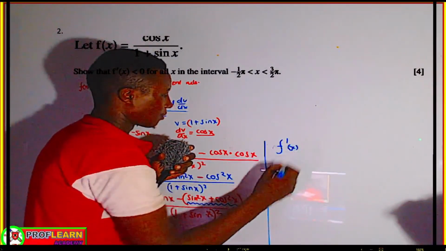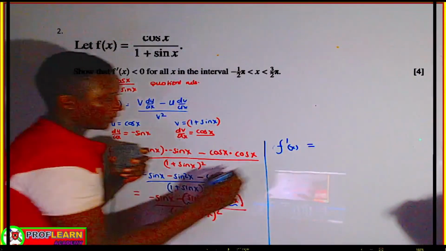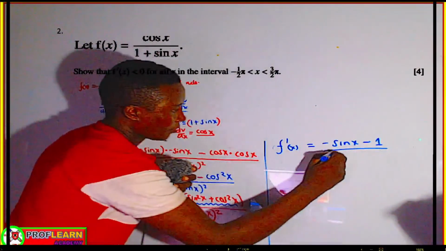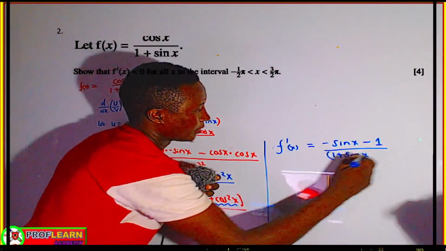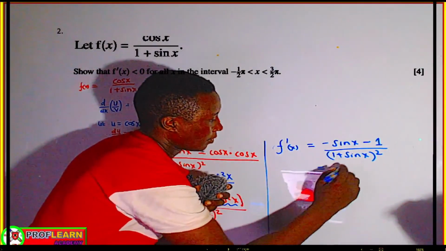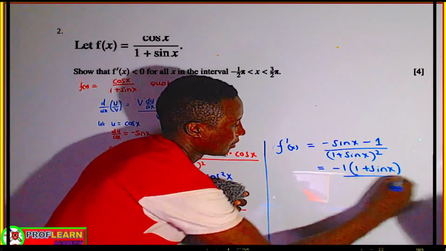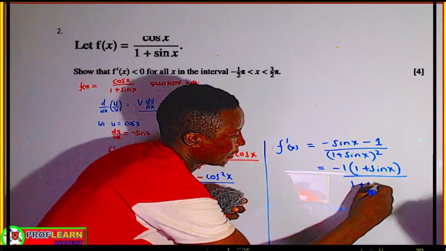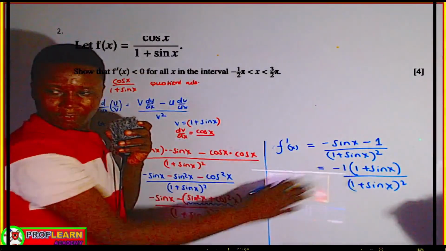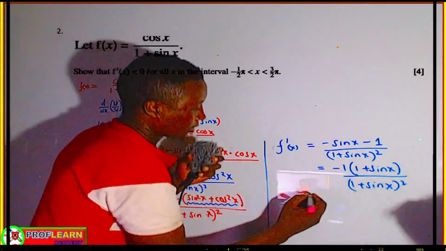So f prime is going to be equal to minus sine x minus 1 over 1 plus sine x squared, which means this can be written as negative 1 into bracket 1 plus sine x over 1 plus sine x squared.